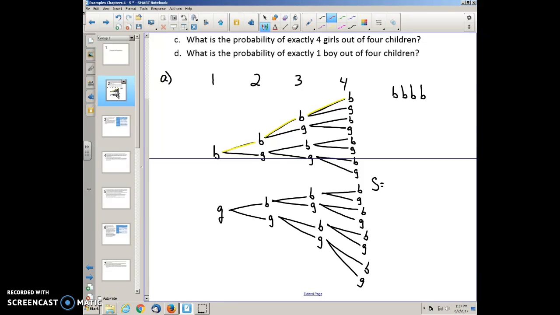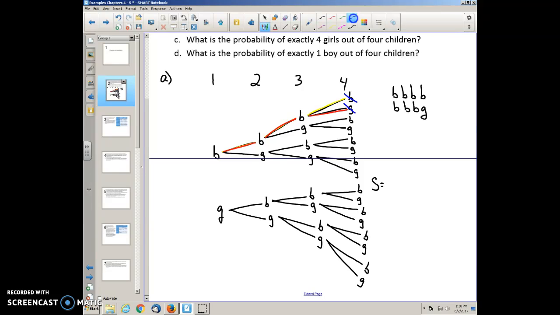Let's follow that same path until at the end where we would have a girl. Boy, boy, boy, girl. So another possibility for children, boy, boy, boy, girl. If we follow even another path, now we can cancel these off as we have them.